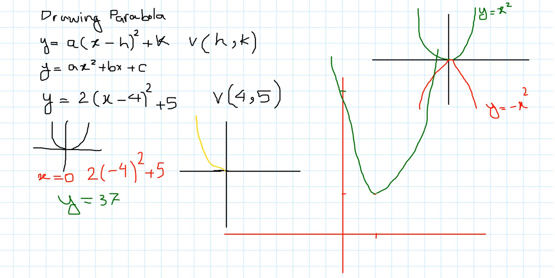It is my x squared, positive x squared. After that, shift on the x-axis, because this number belongs to x.